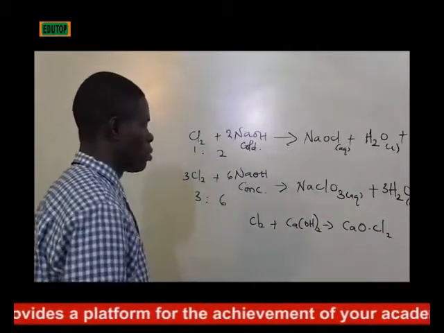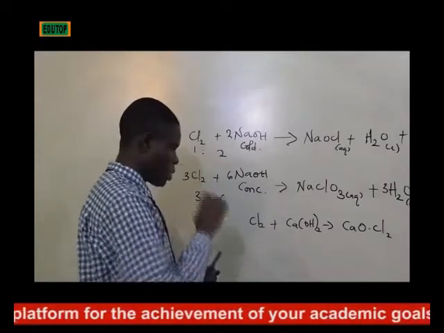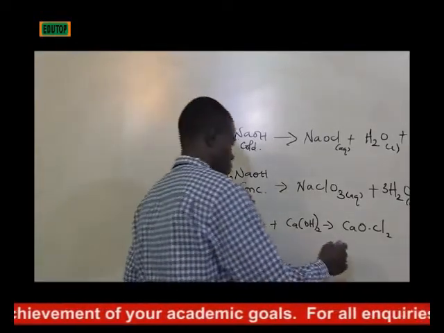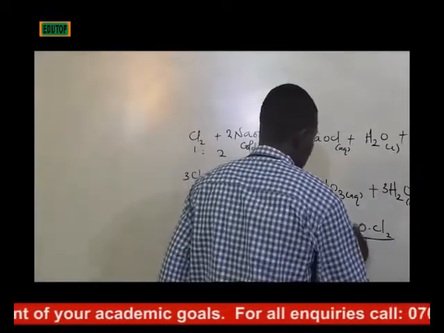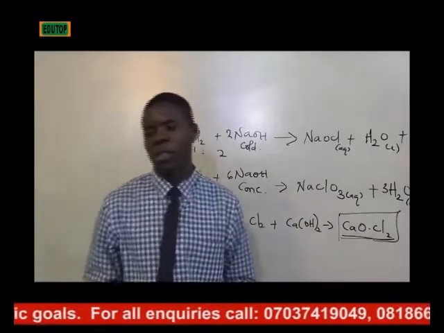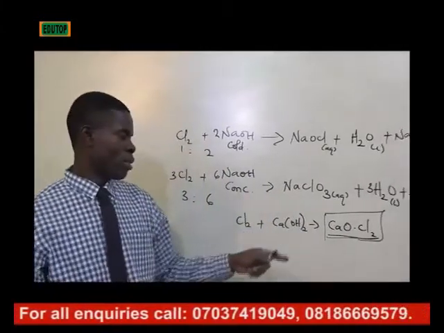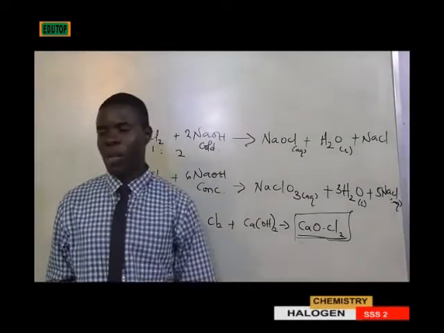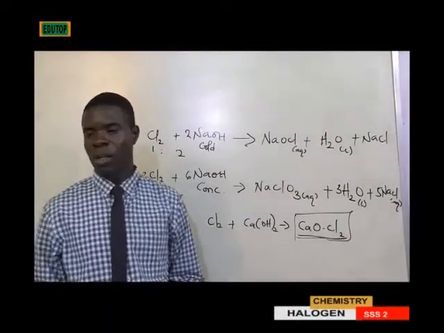So this is the bleaching powder. That's its reaction with chlorine. Chlorine reacts with slaked lime to produce bleaching powder, and that's one of the reactions.